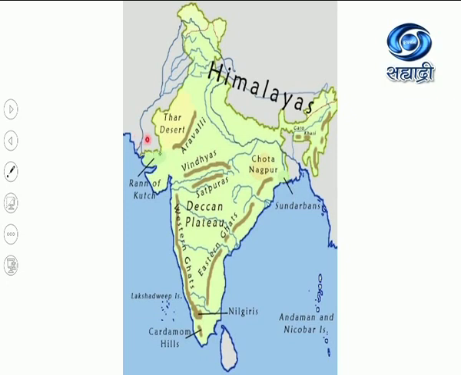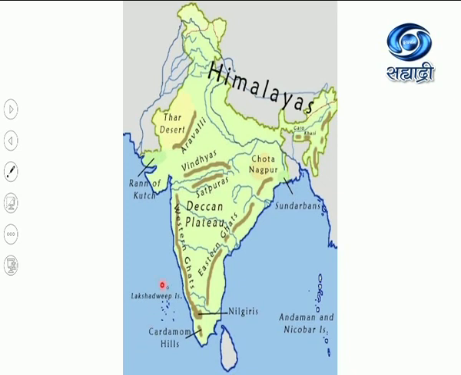Latitudinal location, right from here till here, this is the latitudinal location from the north to the south, plus the altitude of this country. The Indian Ocean and the Himalayan range exert a great influence on the climate of India and the origin of monsoon.